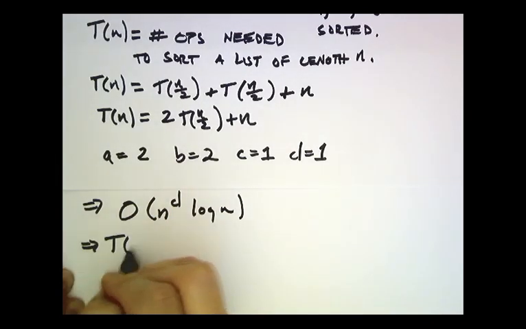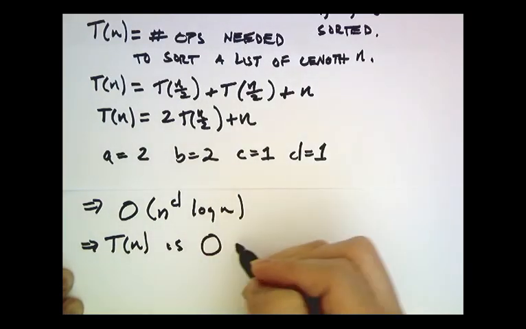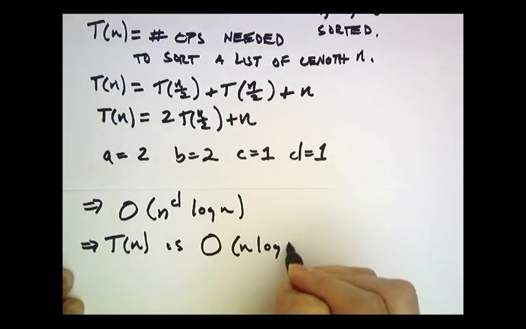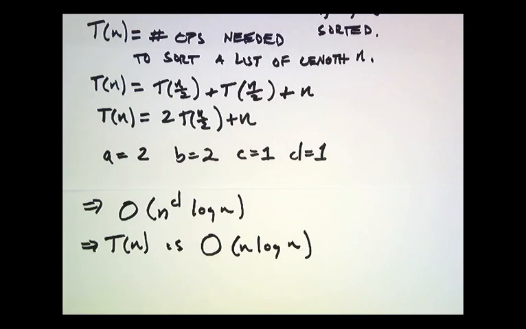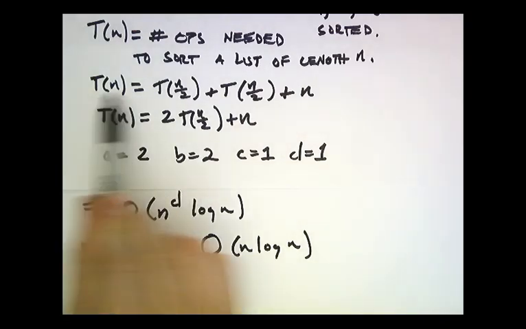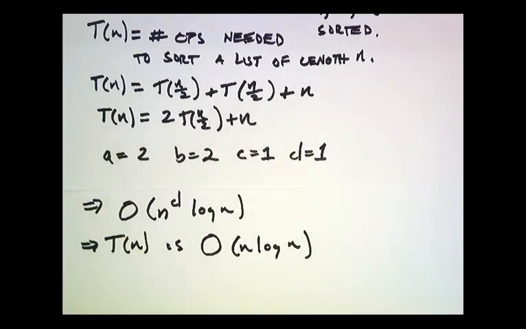This implies that T of n is order n log n. So there you have it. We looked at the algorithm that you've seen before, merge sort. We wrote a recurrence for its time complexity, and we used the Master Theorem to get a big O estimate on the number of operations it takes to sort a list of length n.